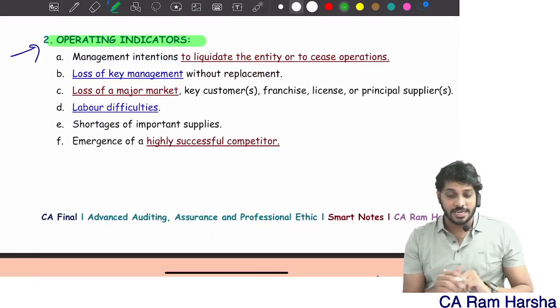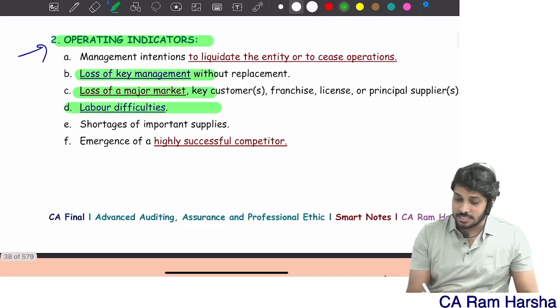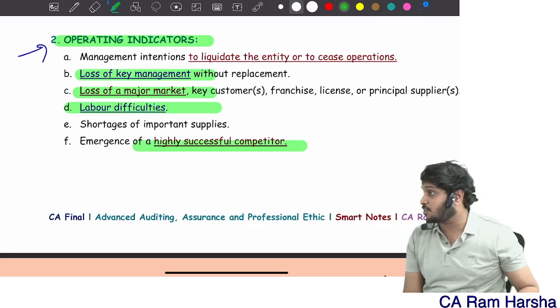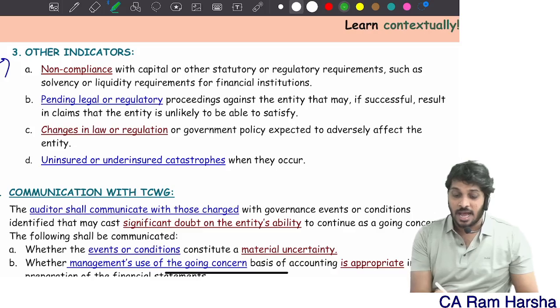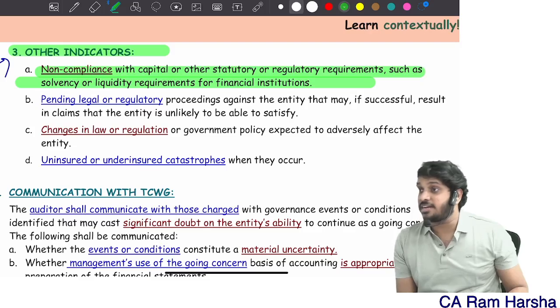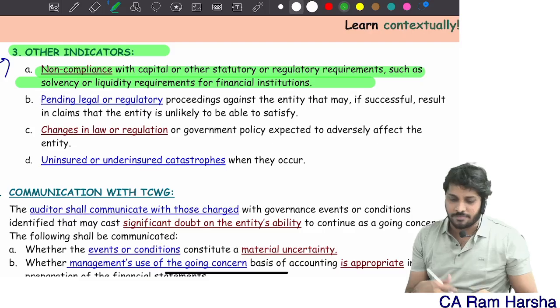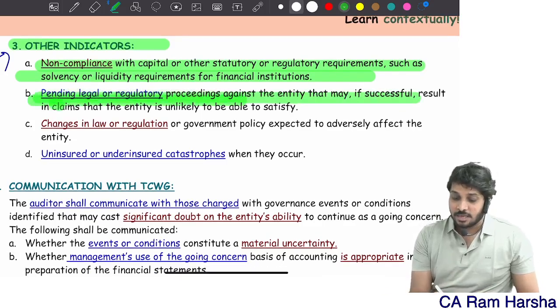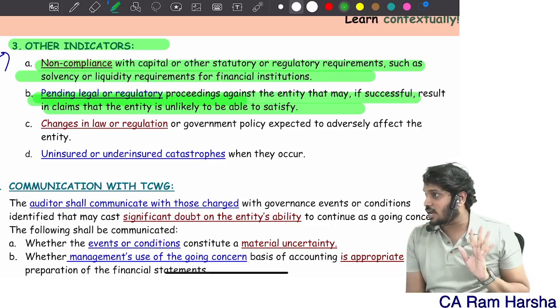Sometimes there will be operating indicators: loss of key management, loss of a major market, labor difficulties, a highly successful competitor has emerged. In all these cases we have questions. Other indicators: non-compliance with norms, like Paytm, which did not comply with KYC norms; RBI suspended the Paytm Bank license in January or February. Pending litigations, which if successful against the company, it cannot discharge that liability.